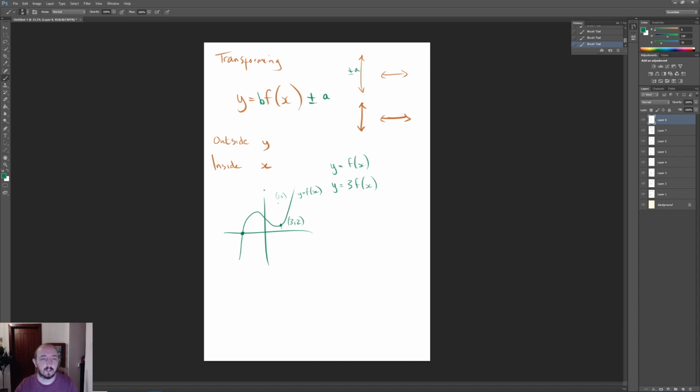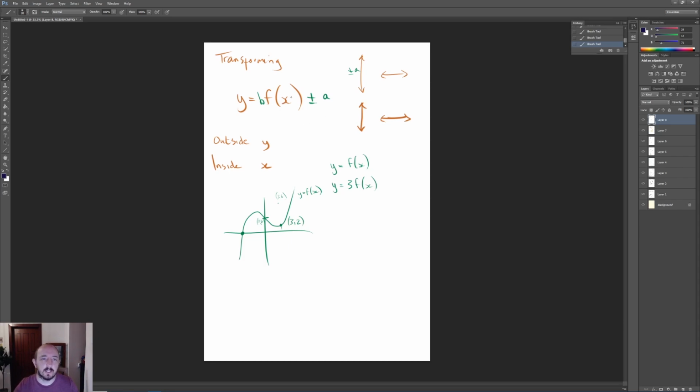This one would be 3 times bigger, so that one there, let's say that that's 0, 4. That would go to 0, 12, so that would be up there, and you can see the whole thing is stretched by a scale factor of 3, because the 3 is outside the brackets, and that's going to affect the y. If we do something inside the brackets, it basically does the opposite of what happens on the outside.